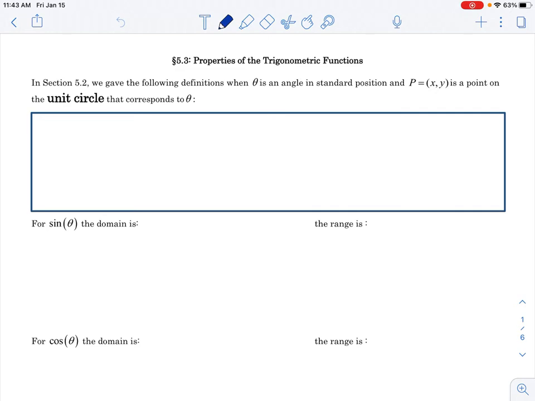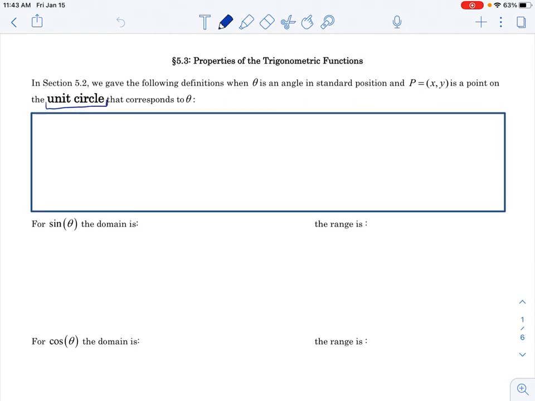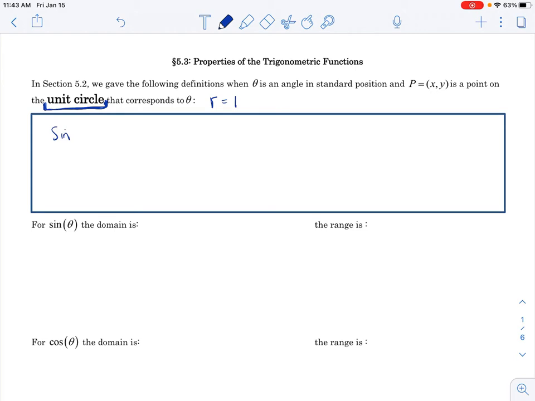To refresh our memory, we're going to fill in this box here with some definitions. The key thing is it's telling me I'm on the unit circle, so what that means is your radius equals 1. Some definitions: we found in the last section that sine of theta is always your opposite over your hypotenuse.